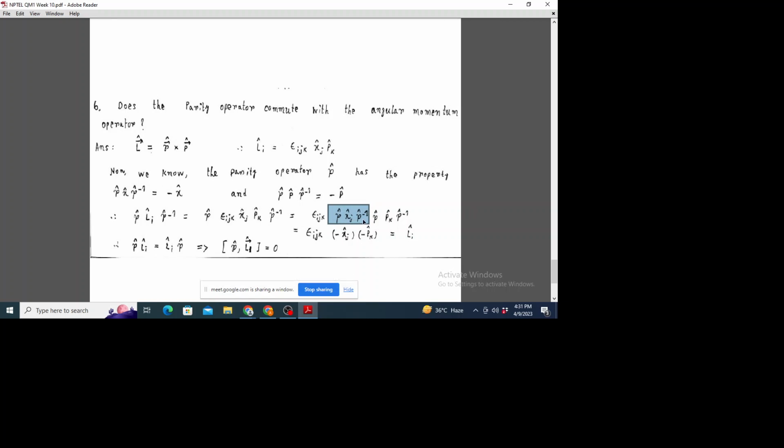So this P xj P inverse, remembering from this, will give us minus xj, and then this other term, comparing with this, will give us minus pk. There are two minus signs that will cancel each other, and finally you get Li. So that means P Li P inverse is equal to Li.